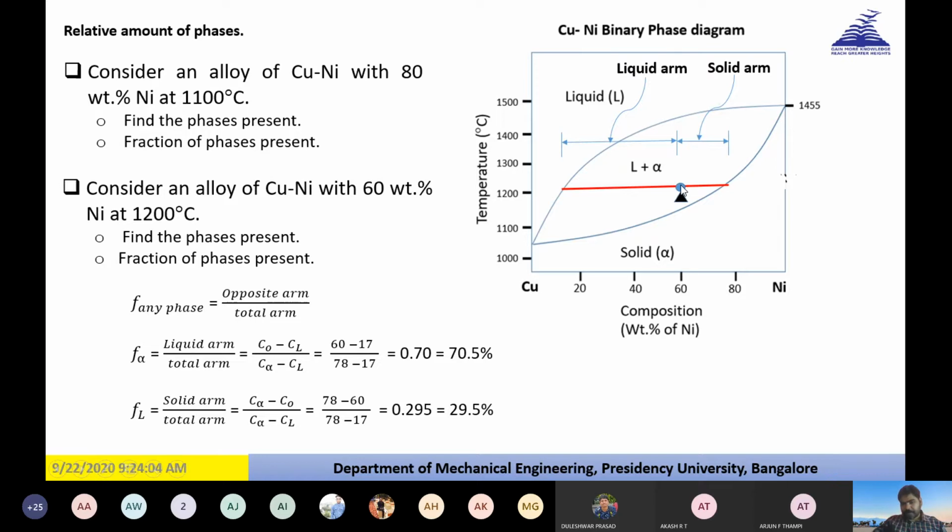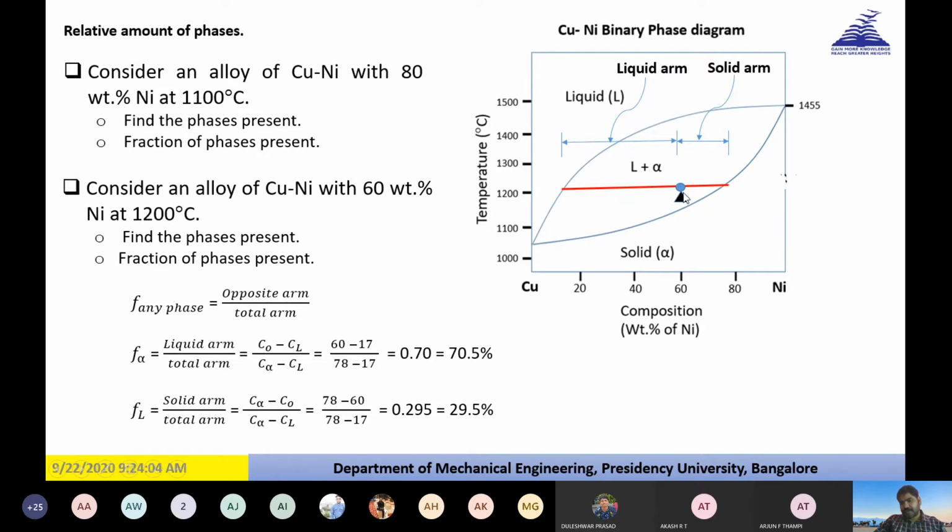Now, as I have already told, from this point to this solidus line, this distance is known as the solid arm, and from here to this liquidus point, this is known as the liquid arm. So that we have discussed already.